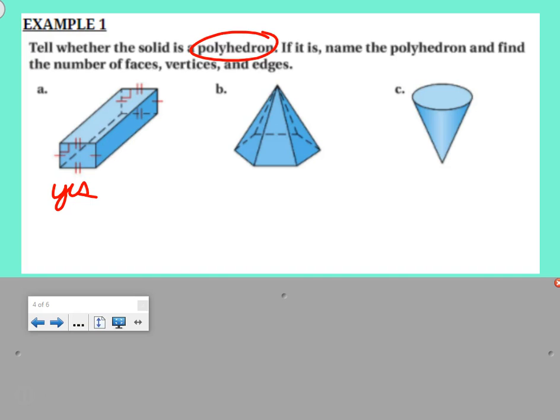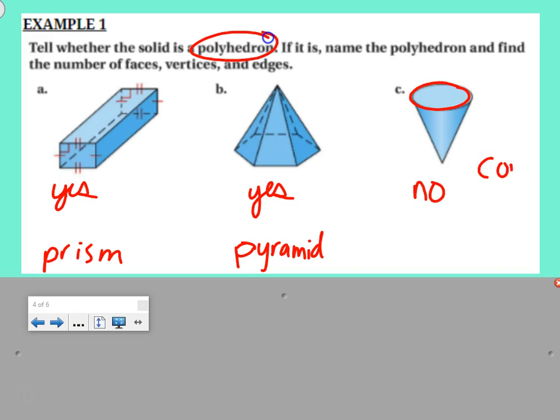We've got all these rectangular shapes, so this would be some sort of prism. Letter B, yes, this is a polyhedron because it's made up of all polygons, and it's going to be a pyramid. And C is no, because it has that circular shape. This is a cone, which is not a polyhedron.